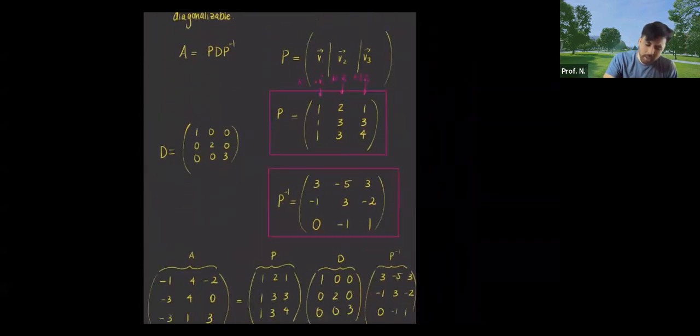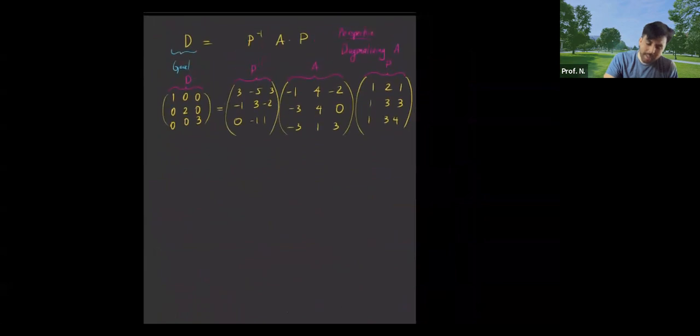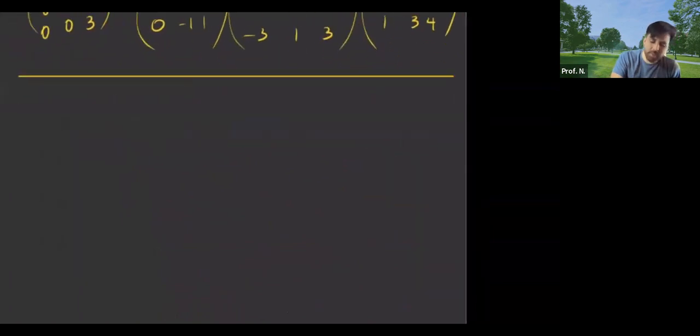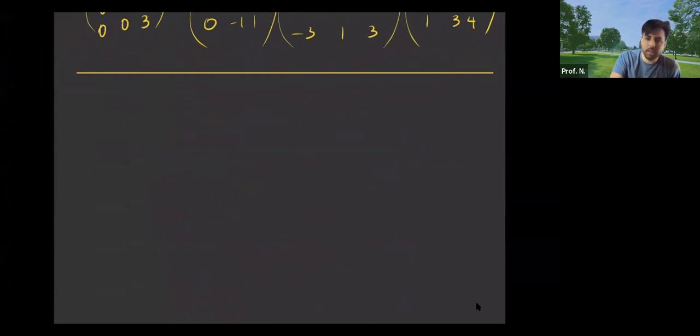And another thing I want to talk about, and this gets more interesting, I just want to touch upon it. I'm not going to go into heavy detail. But the matrix A satisfies its own characteristic polynomial.